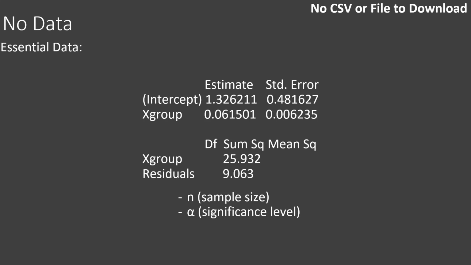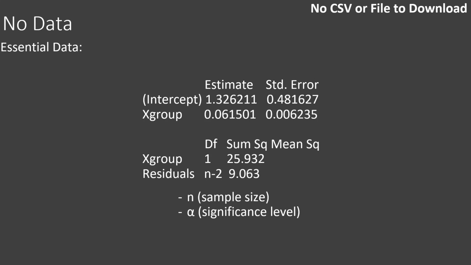And just a little tidbit. To get the degrees of freedom for your X group, or your regression in this case, and then your residual error, or residuals for short, your regression will always have a degree of freedom of 1, right? And then your residual error will have a degree of freedom of just n minus 2, right?